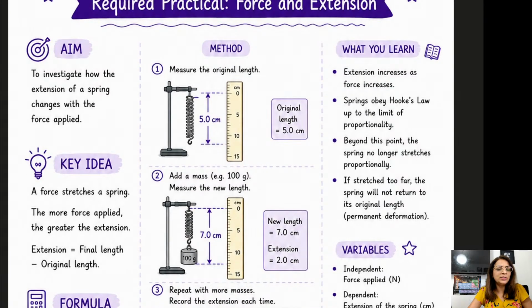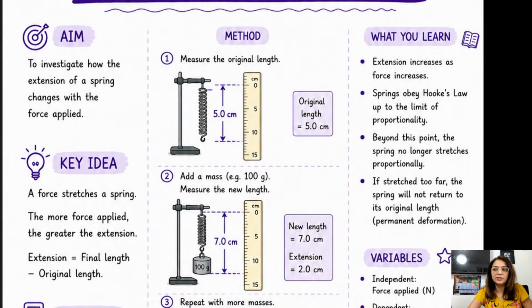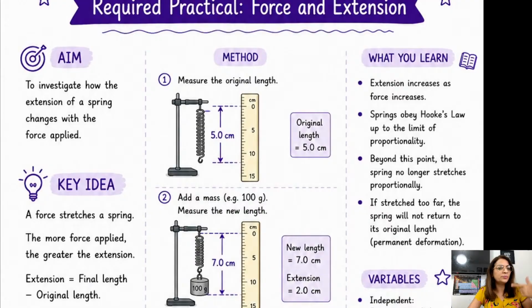Can somebody tell me what the idea of this practical is? What is this practical about, where you have a spring, a ruler, and then you put some mass on the ruler? Tell me in the chat. Guys, you have to consistently respond to my questions so that you are not losing your focus, and you can just enjoy after tomorrow.